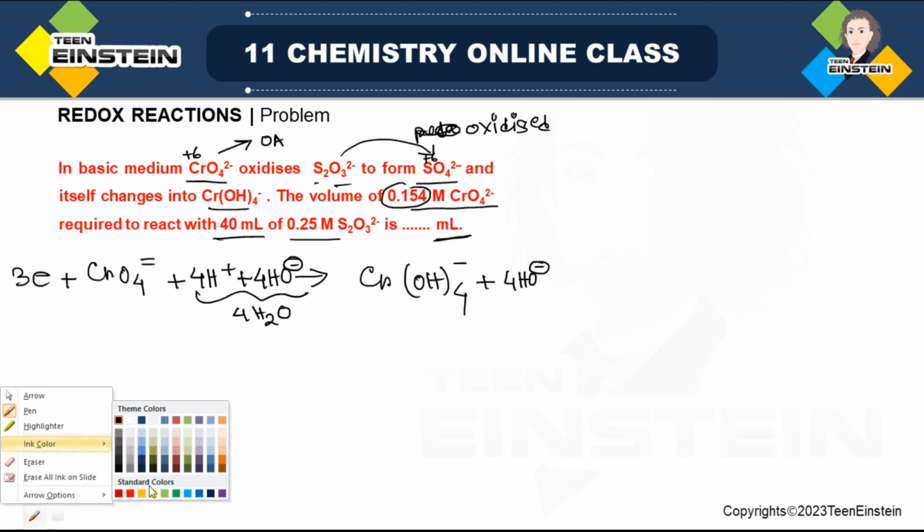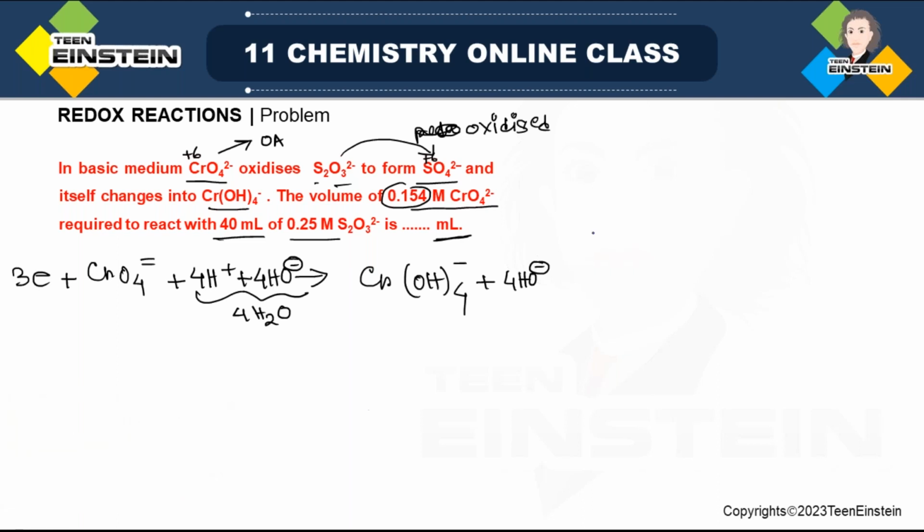Now similarly for the other equation, if I write it, it is S2O3 2- converted to SO4 2-. Look at the number of sulfur, it is 2, so I have to write 2 here. Look at the number of oxygen, it is 3 on the left hand side but 8 on the other side.